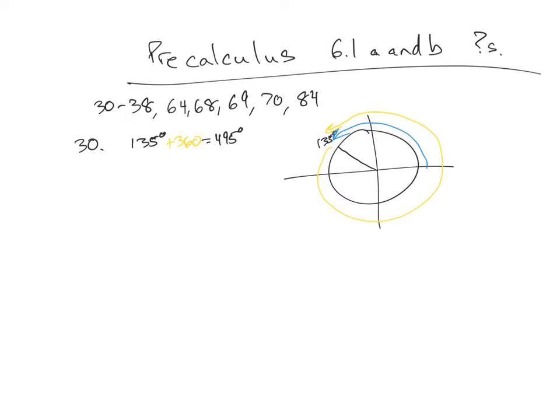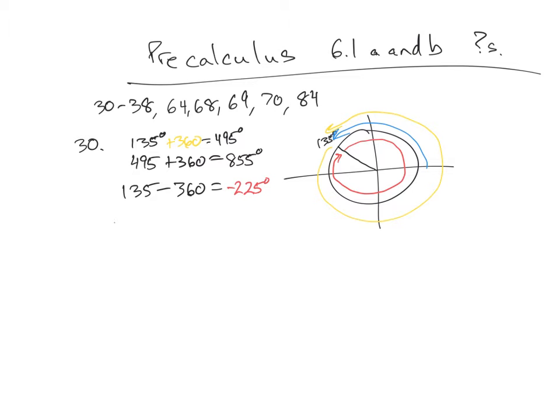All right, and then we take that and we go around again 360 degrees, and we get our second positive angle. Okay, and then from 135 degrees, if we go backwards 360 degrees, so here we're going to take 135 minus 360, and that should give us negative 225 degrees.